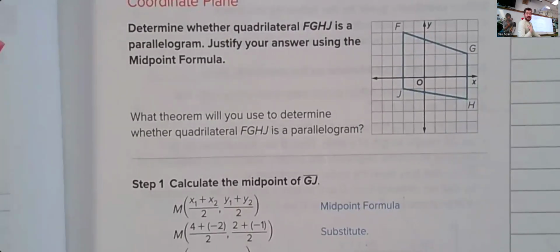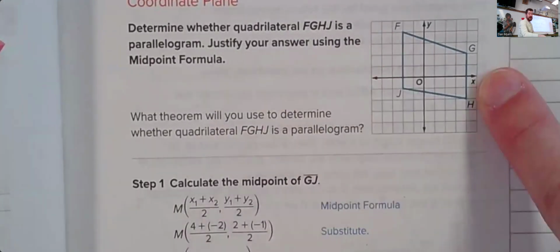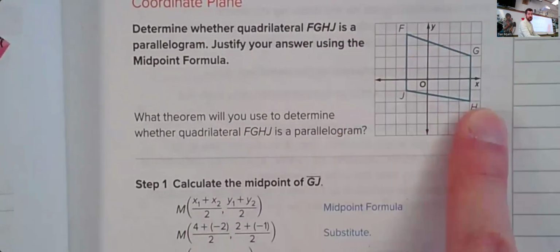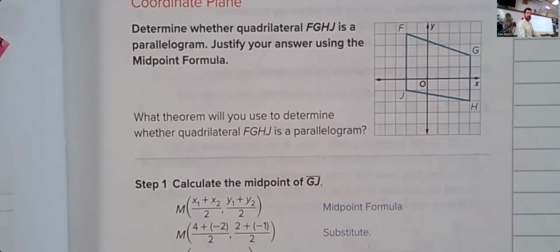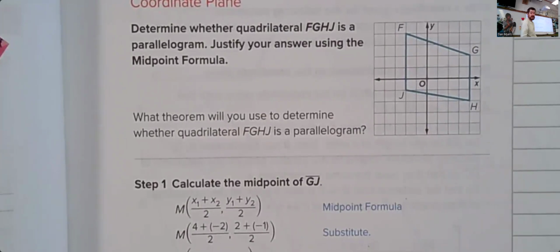Personally, I would just test the slopes, because if this slope is congruent to that slope and the top slope is congruent to the bottom slope, then you have opposite sides that are parallel, which makes it a parallelogram. And because we're on a grid, finding slope on a grid is usually pretty simple. So that seems to me the quickest way to do this, but the book has other ideas, at least for now. So let's go ahead and do what they're talking about.